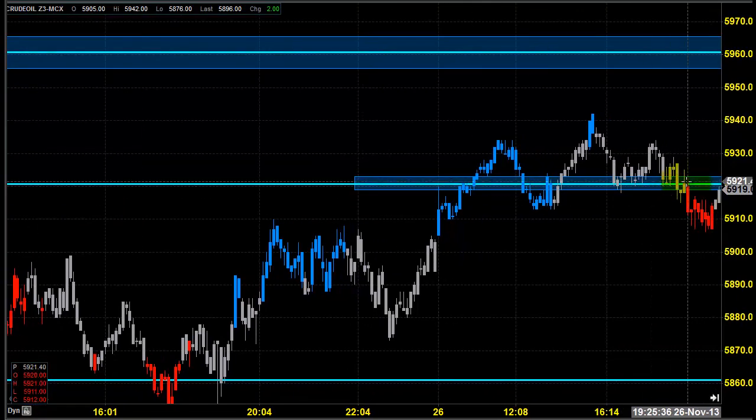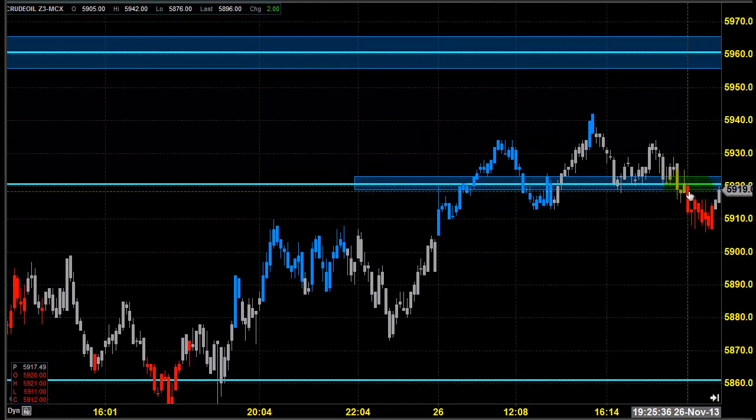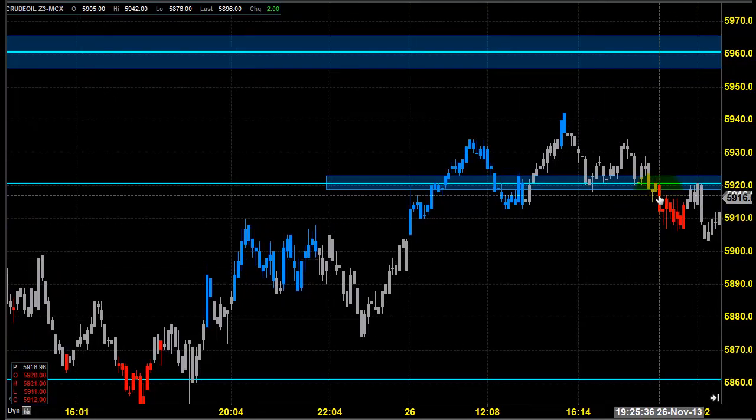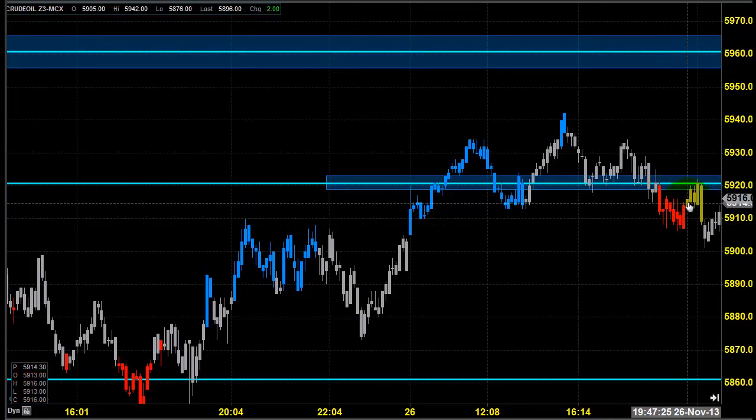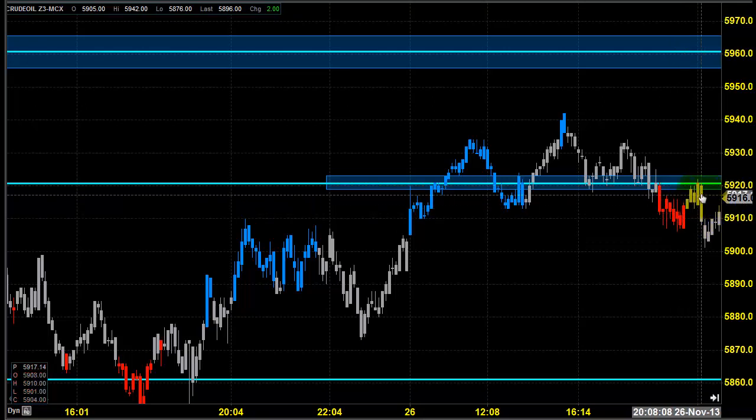So at last the price found a failure. Our charting platform also indicated that the momentum is loosening, so the price can come down now. Our Goodwill Commodities charting platform is also indicating that the price can come down. Now you can see the price is converting this 5920 into a resistance.